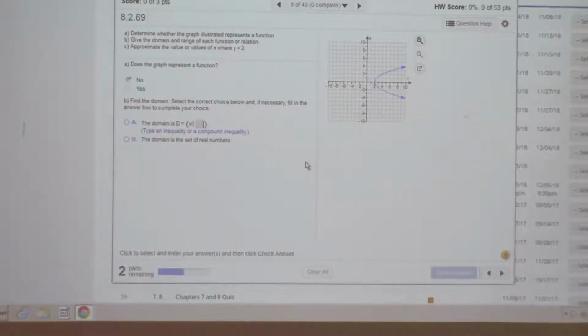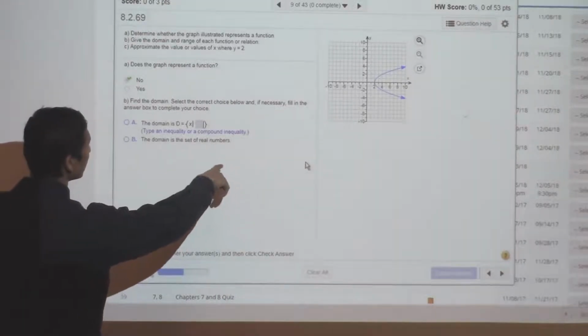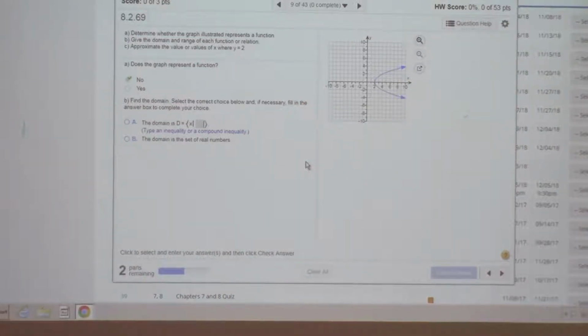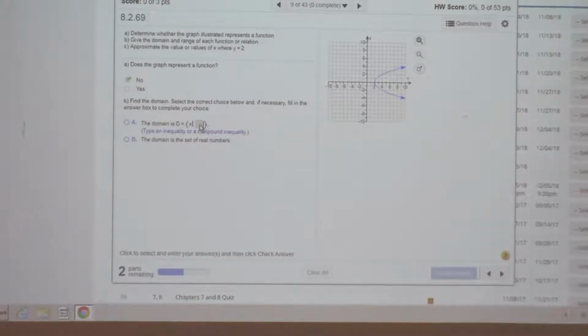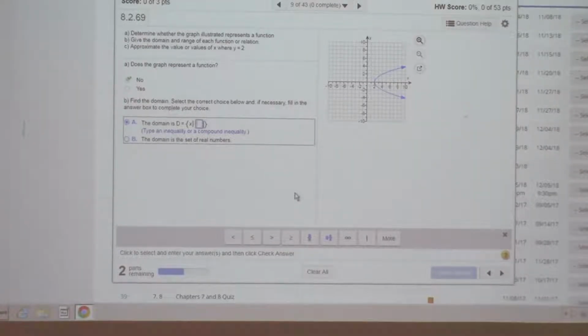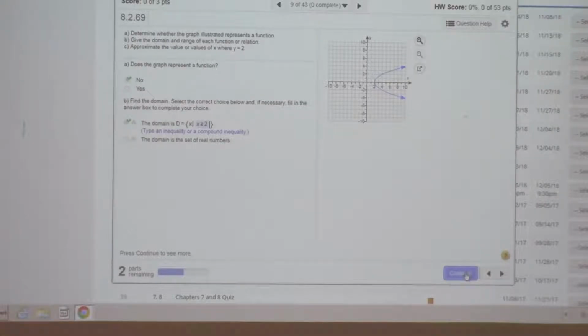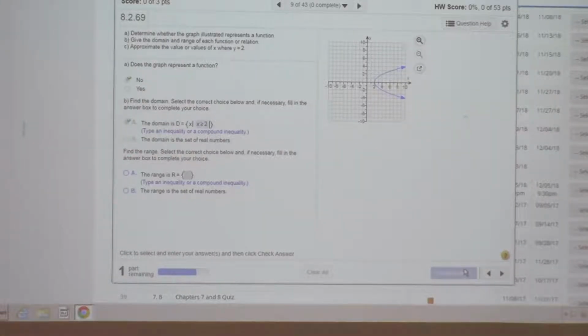So the x values are 2, anything bigger than or equal to 2, right? Yeah, 2 through infinity. So we can write x is bigger than or equal to 2, right? Yes?